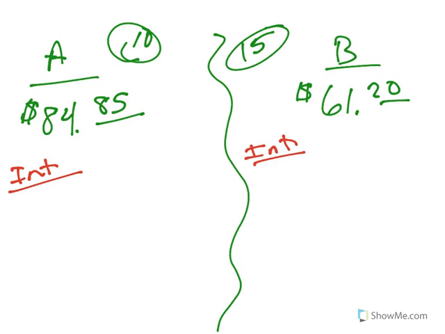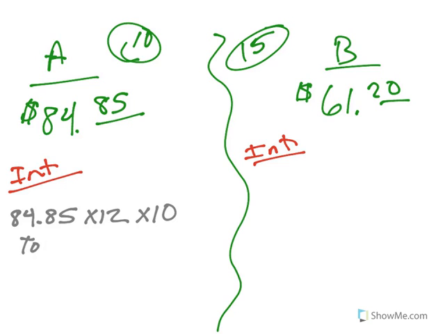Okay, so now let's think through what this means. In option A, I am paying $84.85 per month. So if I multiply this by 12, that will tell me how much I'm paying back over the course of 1 year. And I'm doing this for 10 years. So multiplying by 12 gives me 1 year. Multiplying by 10 gives me 10 years.